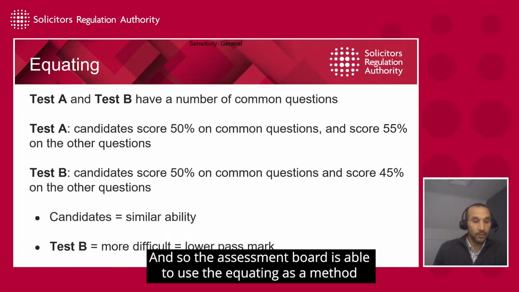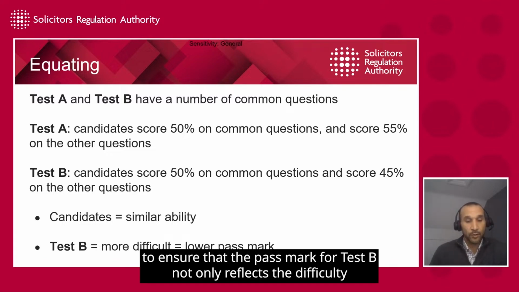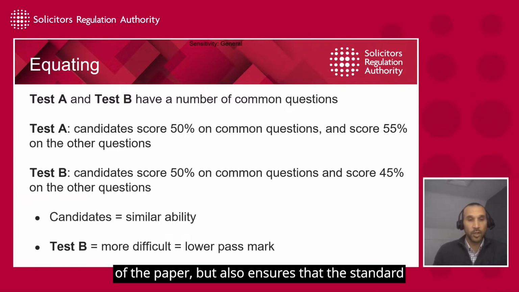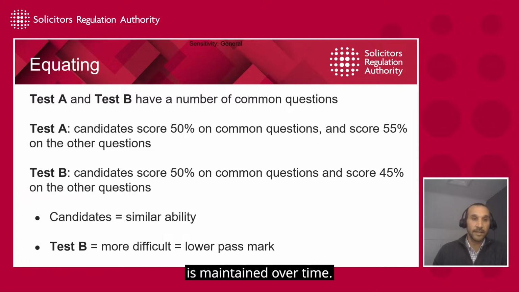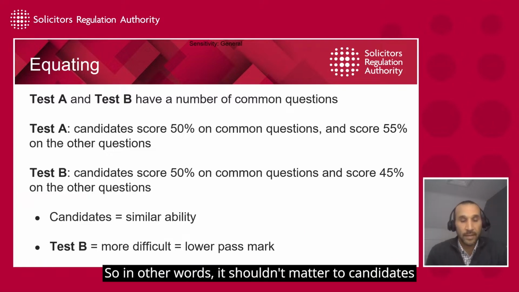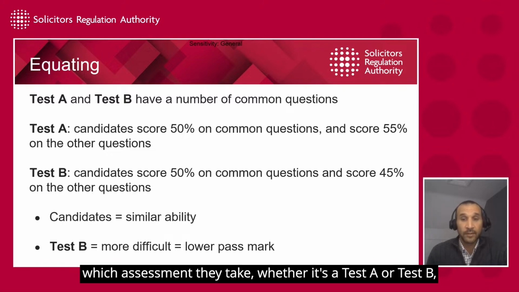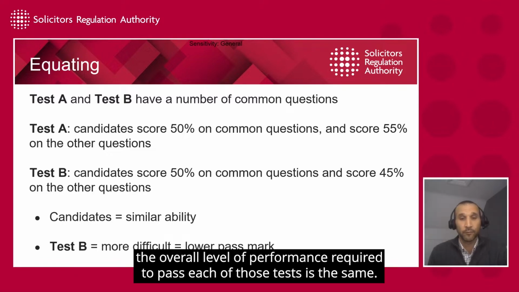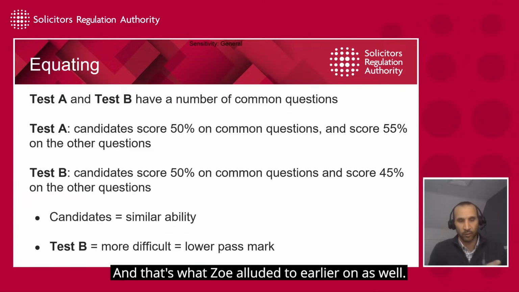And so the assessment board is able to use the equating as a method to ensure that the pass mark for test B not only reflects the difficulty of the paper, but also ensures that the standard is maintained over time. So in other words, it shouldn't matter to candidates which assessment they take, whether they take test A or test B, the overall level of performance required to pass each of those tests is the same. And that's what Zoe alluded to earlier on as well.